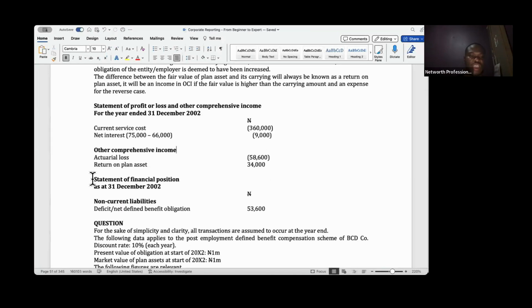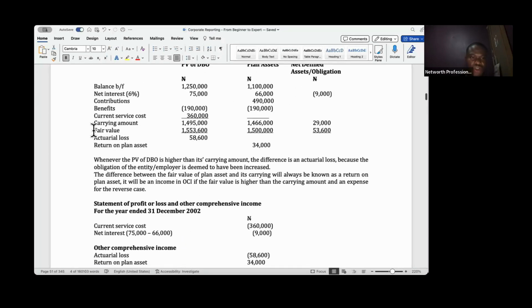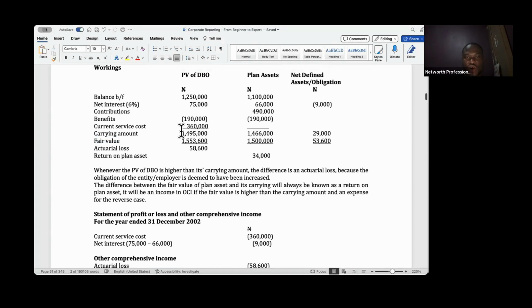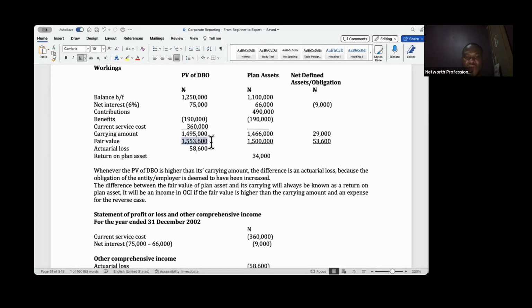In my statement of financial position, like I told you, what goes there is the net. And since the actuary has given us a fair value, we're going to work with that. The obligation was 1,553,600, which is higher than my plan asset of 1.5 million by a figure of 53,600.